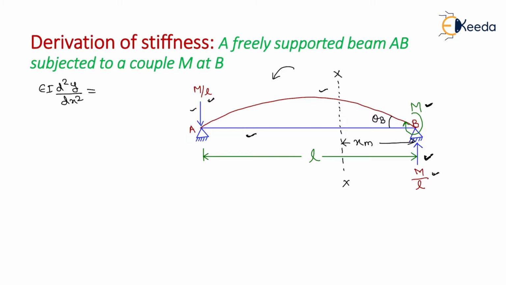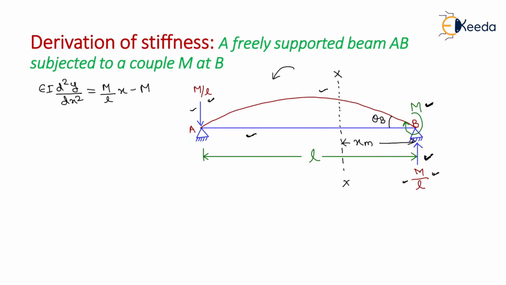So it will be equal to M by L into x minus M. M by L into x is because of this support reaction, and minus M is because of this moment acting in the opposite direction of the moment produced by the M by L support reaction. So it will be represented by minus M.